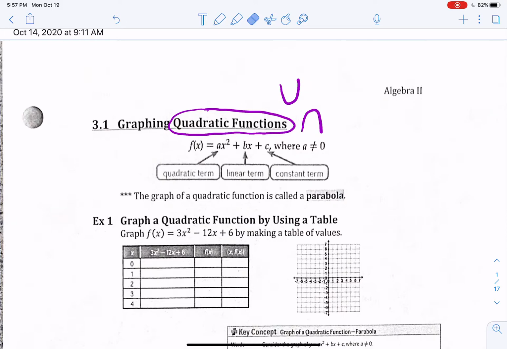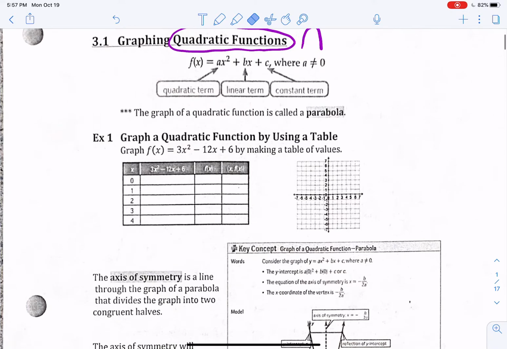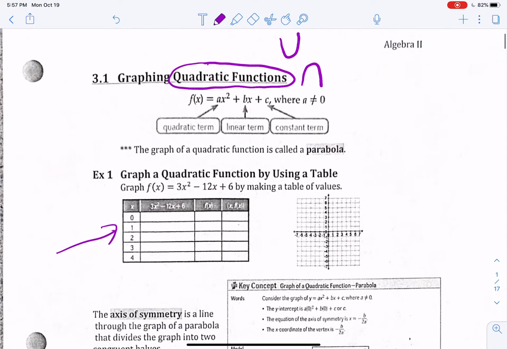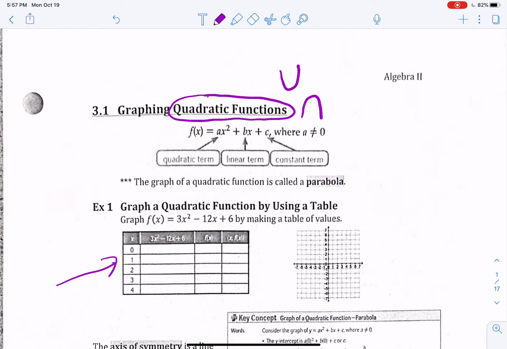And so in section 3.1, they focus on graphing quadratic functions. There's a couple different ways to graph them. The first thing that they're going to have us do is make a table in example 1. I talked to you last chapter about how, if you can remember the shortcuts for how things are shifted or stretched or compressed, you wouldn't have to create a table.